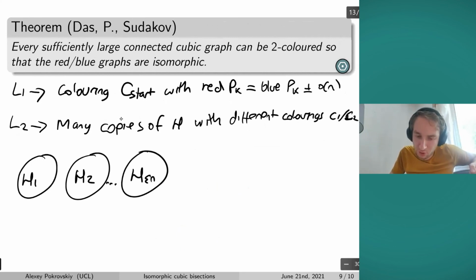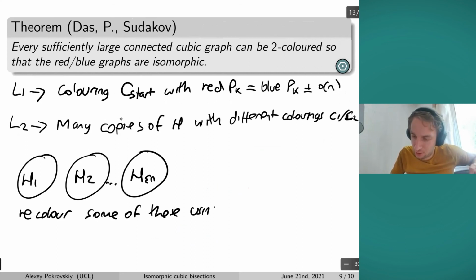And then what you do is you recolor some of these using C1 or C2 to get rid of the error term.